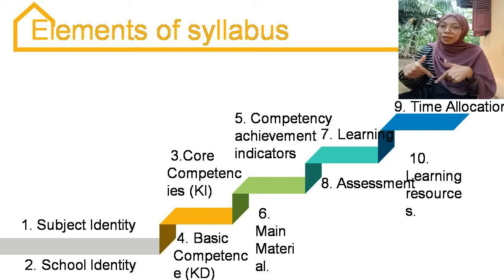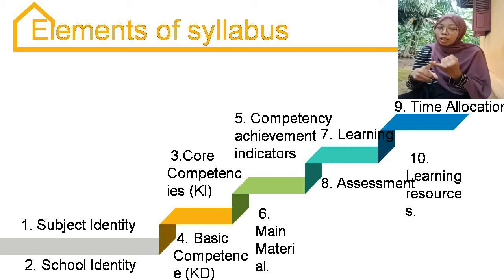I'm Rahayu. Here I want to explain the next material about the elements of syllabus. As we see in the slide, there are some elements which consist of subject identity, school identity, core competencies, or we can call KI, basic competence, or KD, competency achievement indicators, main material, learning, assessment, and time allocation, and the last is learning resources.